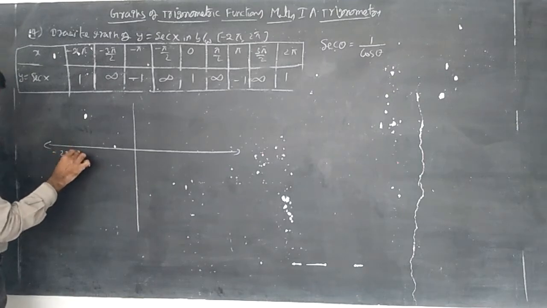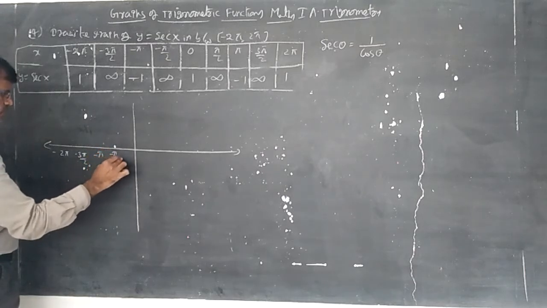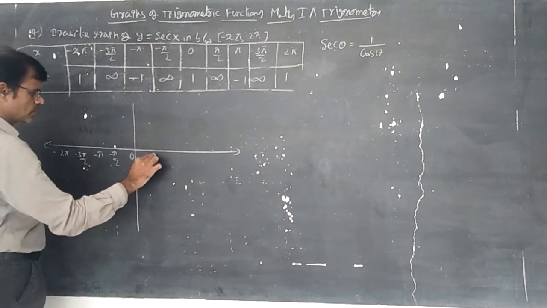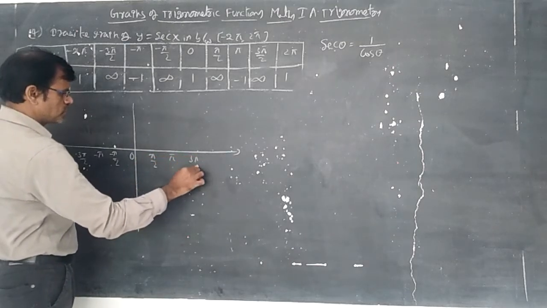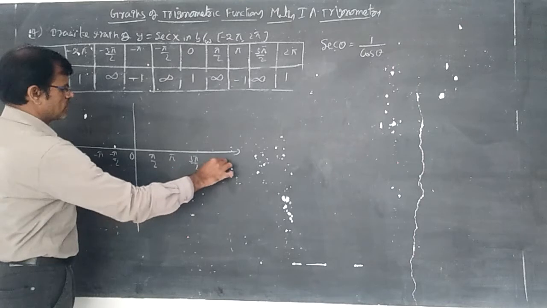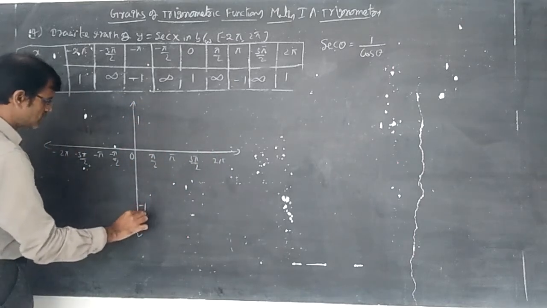Mark on the axis minus 3 pi by 2, minus 5 pi by 2, this is 0, this is 5 pi by 2, 3 pi by 2 and this is 2 pi. Put here 1, and this is minus 1.